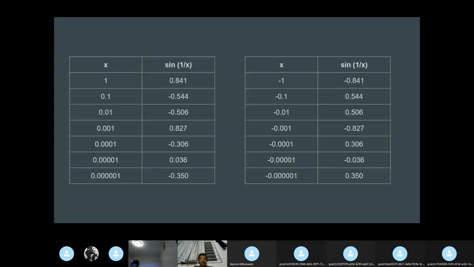Does it approach? No, it is 0.35, right? When x is minus 0.0001, right? But does it approach it? What I mean is, what value does the left hand side limit approach as x approaches 0? Let's consider from the left hand side.